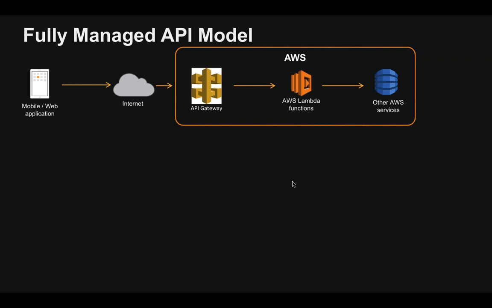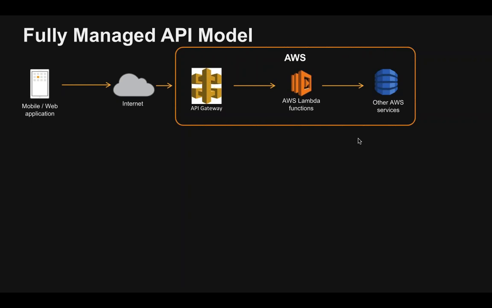Depending on the API endpoint that the application is requesting, this request will be routed to a backend. In this particular case, it's routed to AWS Lambda, and this is where our business logic for handling that request will be implemented.